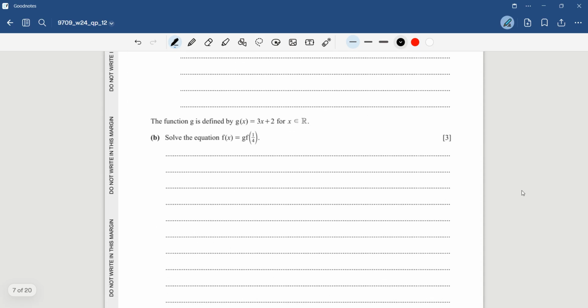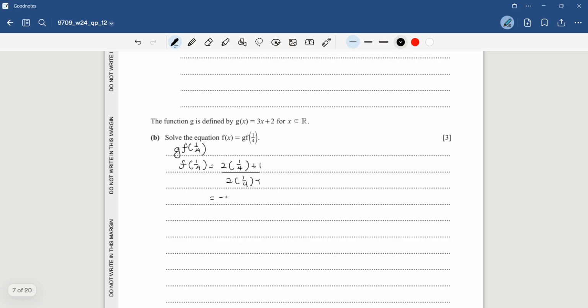And then for this question b, the function is defined by g(x) equals 3x plus 2, where f(x) equals this. So for g f(1/4), we don't make things complicated, so we solve for f(1/4). So f(1/4) is going to be 2(1/4) plus 1 over 2(1/4) minus 1.